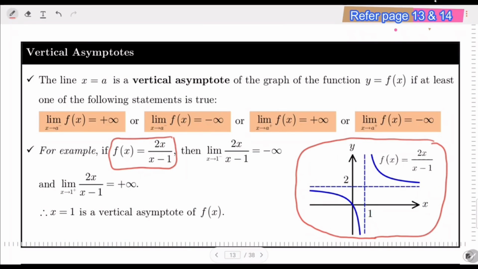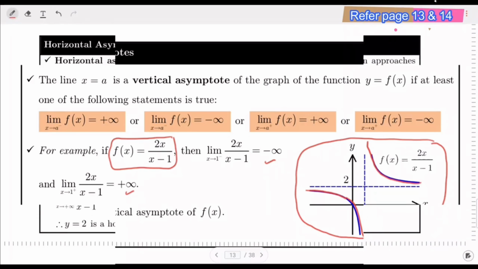If you look at the graph, when x approaches 1 from the left, the graph goes downward to negative infinity. And when the graph approaches 1 from the right, it gets closer and closer to positive infinity. Thus, we could say that x equal to 1 is a vertical asymptote of f of x.